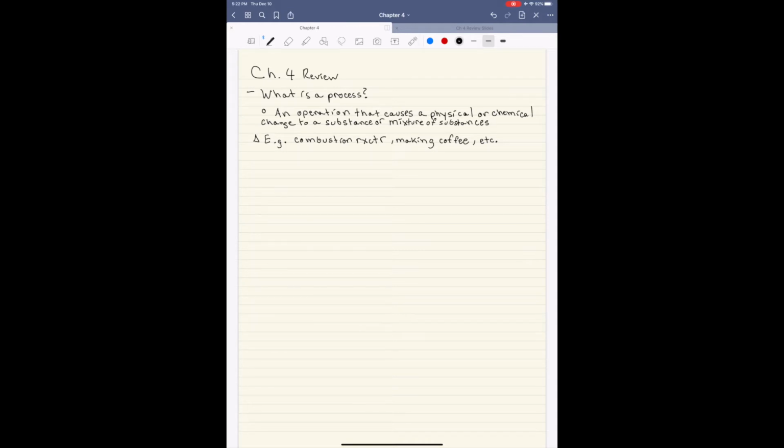But nowadays, now that we're in the age of big data, we could be a little bit more general with our definition of what a process is. And so nowadays, the way we define a process is just something that converts inputs into outputs, right? And so those inputs, they can be chemical substances or materials, but they don't necessarily have to be, right?